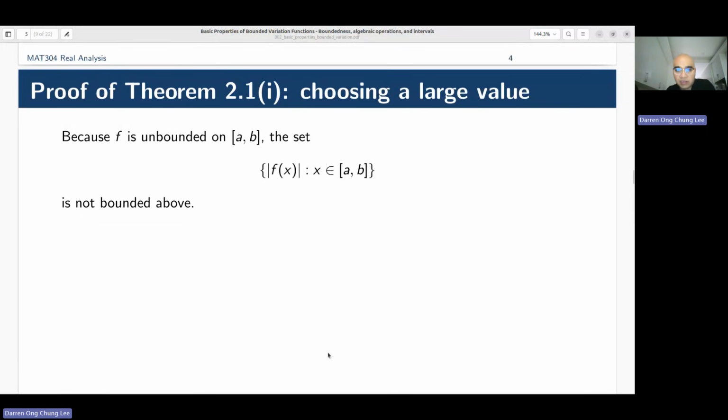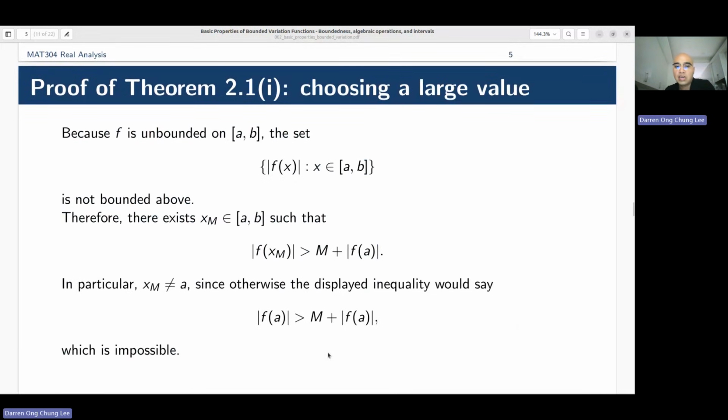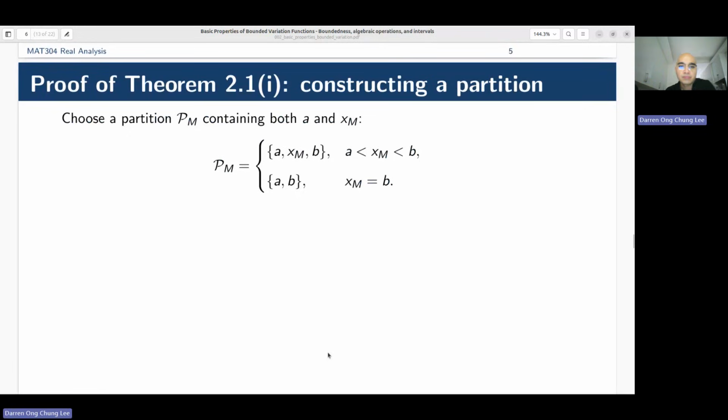If you pull back to the previous slide, it says that m is a positive number. Okay, so we're not allowed to choose x_m to be a, right? Okay, so we know that x_m is somewhere in the closed interval [a,b], but it is not equal to a. Right? It may be equal to b, but we don't mind if it is.